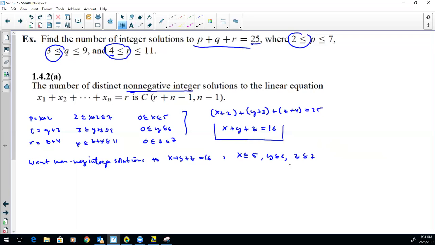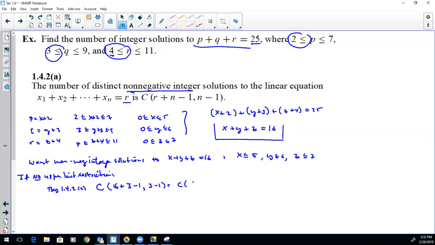Now, if I didn't have these upper restrictions, in other words, if I was just looking for all the non-negative integer solutions to this equation, then 1.4.2a says this would be C of 16 plus 3 minus 1, 3 minus 1.